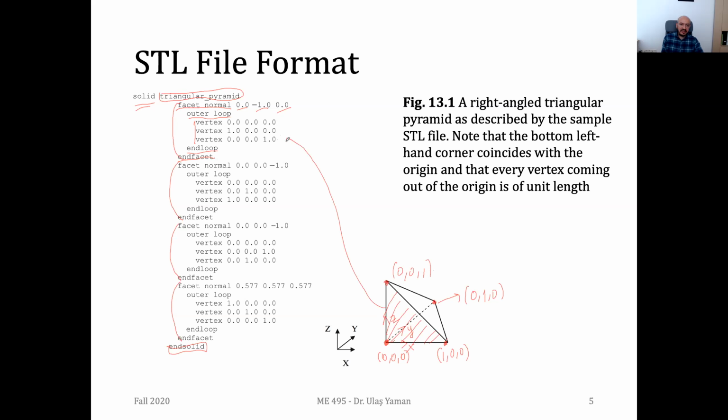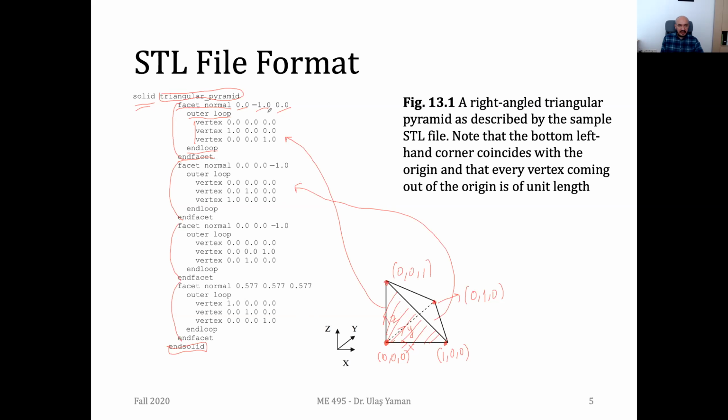That's the front triangle defined here. Another one: 0, 0, 0 again, the origin, and then we have 0, 1, 0, and 1, 0, 0. So it is the bottom, right? The bottom triangle.